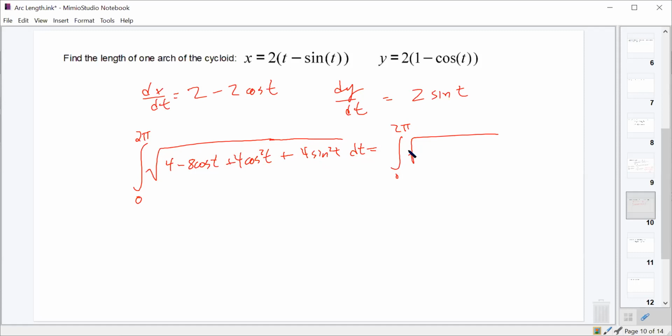That will give us 8 minus 8 cosine t dt inside of there. If I wanted to, we could pull out a 2 root 2 from that. If I pull out the square root of 8, that's like 2 root 2, from 0 to 2 pi. And then what would we have? We'd have a square root of 1 minus cosine t in there.